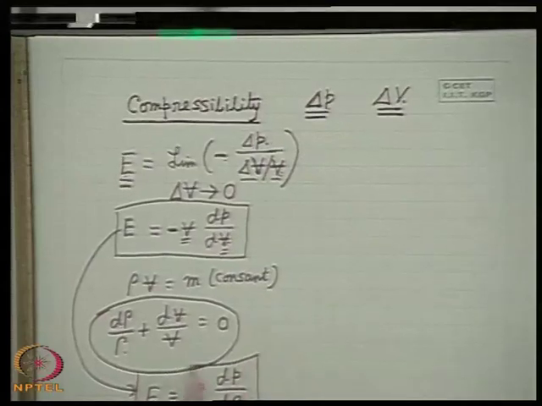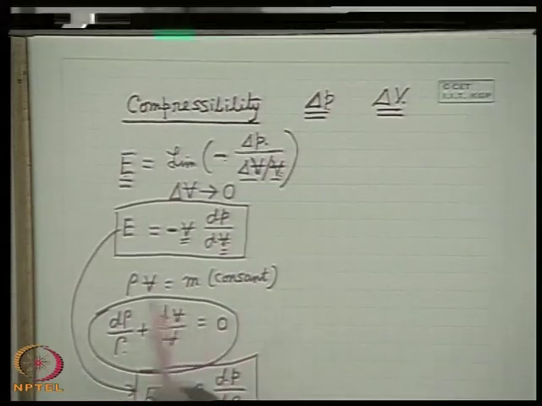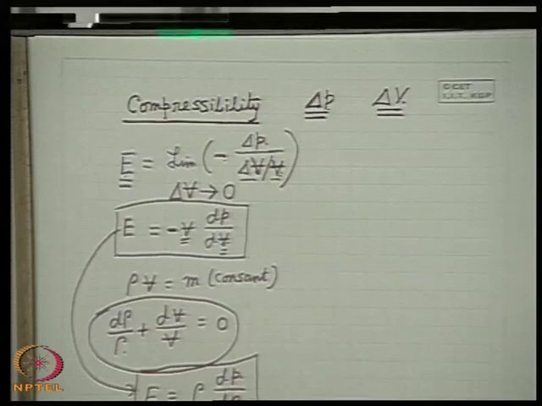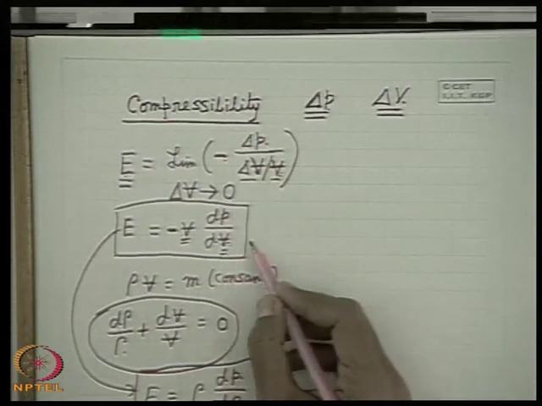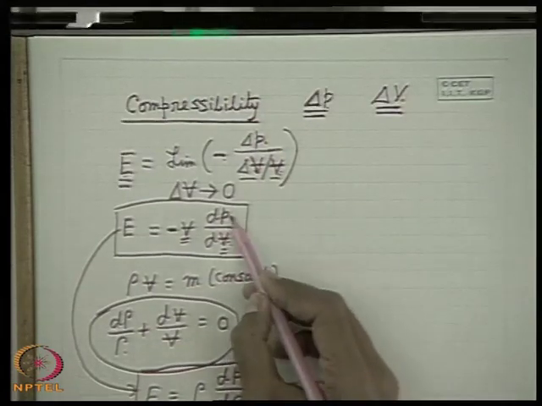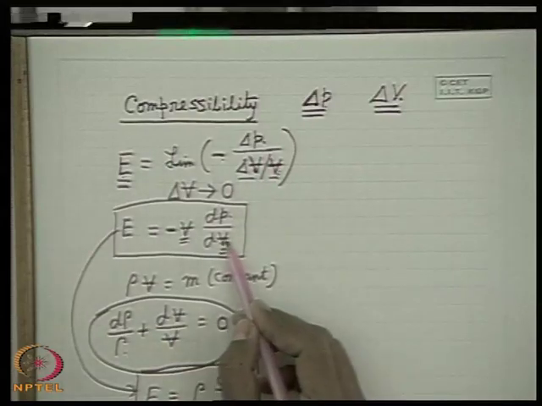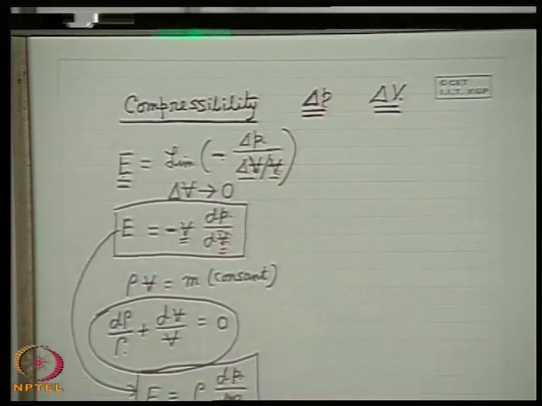Now you see, for substances for which the bulk modulus of elasticity is very high, it requires a very high pressure to change a definite amount of density or volume. Or the other way, we can say for a given change in pressure dP, the change in volume or change in density will be very small if the value of E is very high.